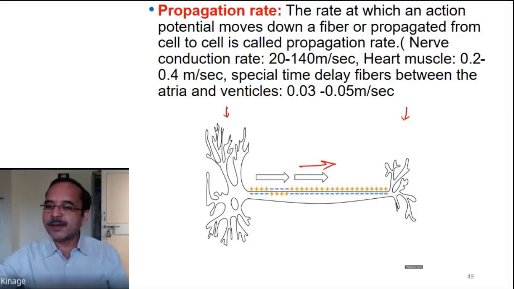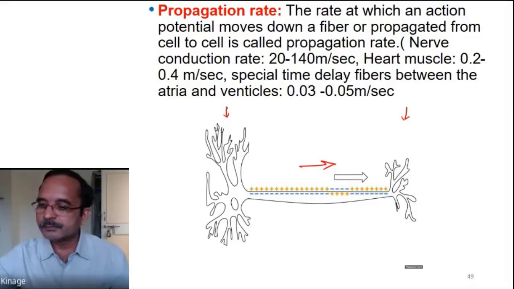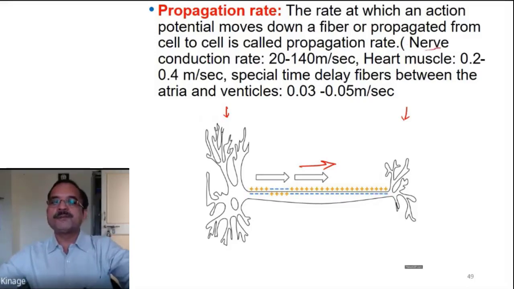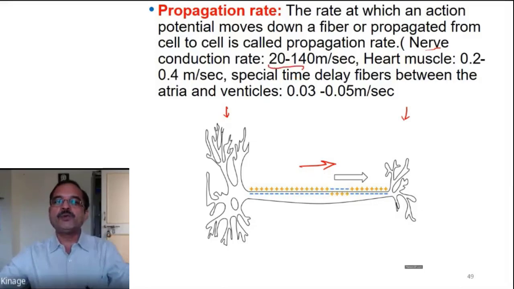The rate at which an action potential moves down a fiber or propagates from cell to cell is called the propagation rate. For nerves, in case of nerve conduction, it is 20 to 140 meters per second, whereas for heart muscles it is 0.2 to 0.4 meters per second.